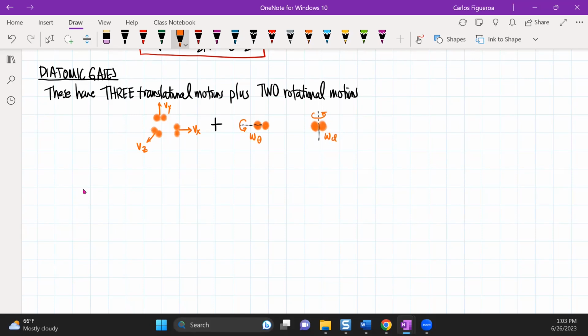And then this guy, phi, is the polar angle. So what you're seeing here is that there are 5 freedoms of motion. So in other words, their degrees of freedom is, of course, 3 plus 2, which is 5.